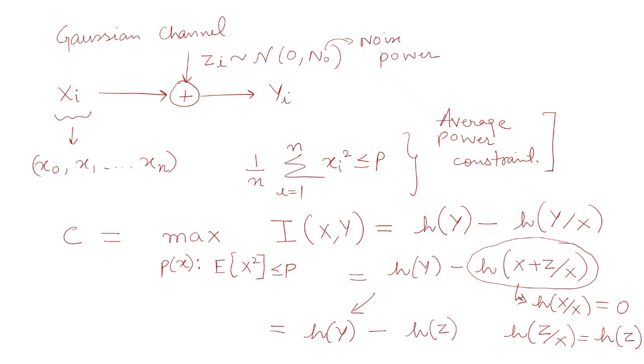So now this capacity is the maximization of differential entropy in Y minus differential entropy in Z over all possible distributions of X subject to power constraint.